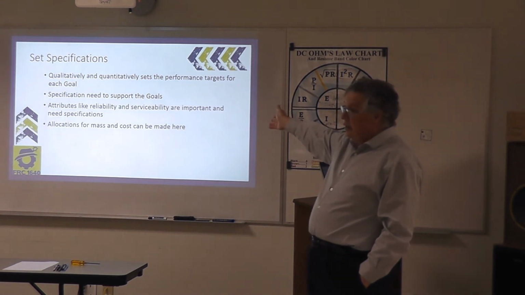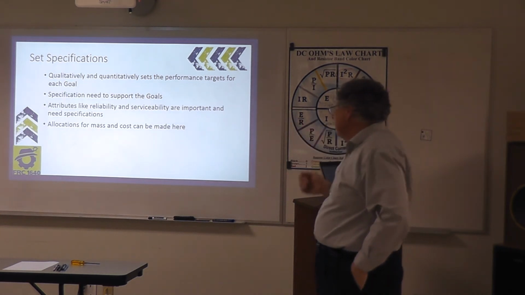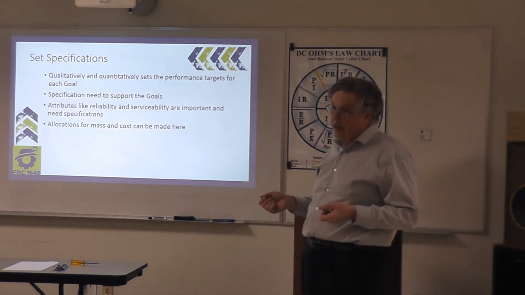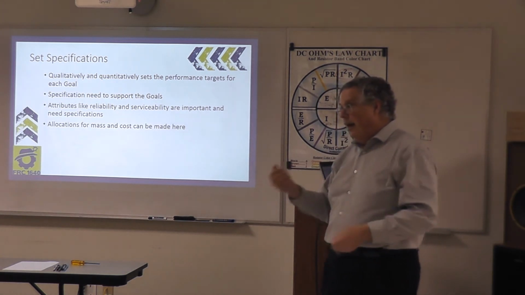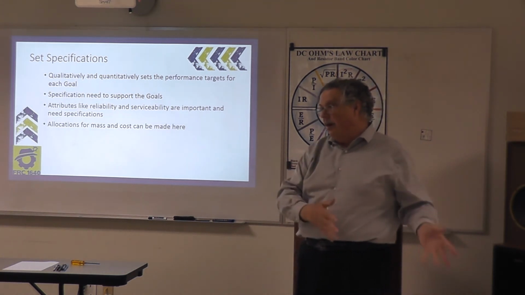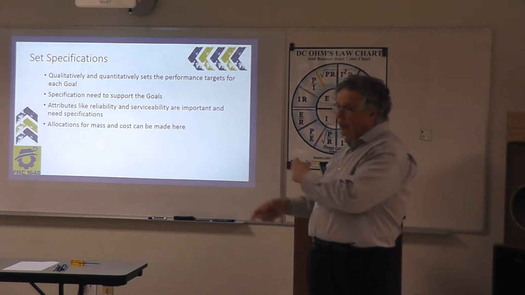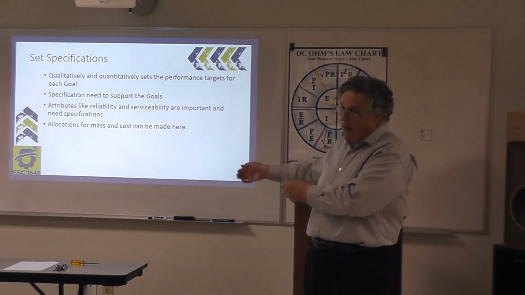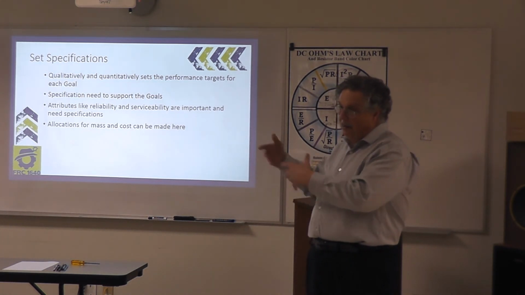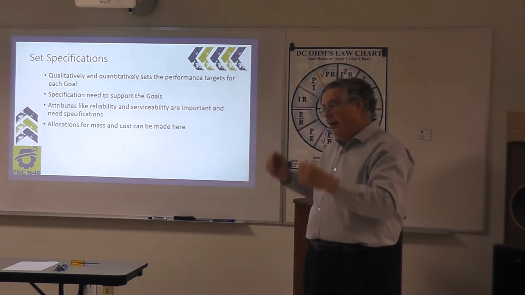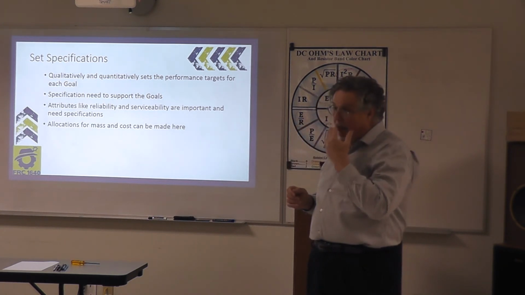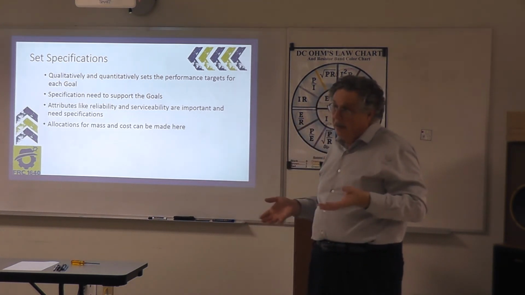You can also at this time start allocating mass and costs in the different things. I can afford this many pounds and this many dollars for a drivetrain. I can afford this many dollars towards a vision aiming system, because I know I need to buy stuff if I do that.